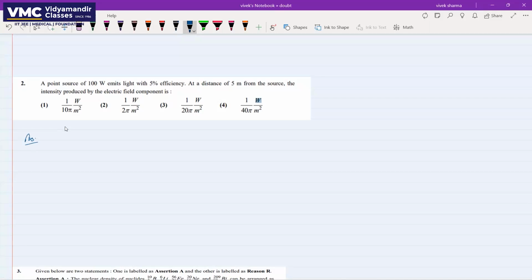So at a distance of 5 meter, if I calculate the intensity I, with efficiency eta and power P, it is eta times P divided by 4 pi r square. Efficiency eta is given as 5%, that means 0.05, power is 100 watt, divided by 4 pi and distance is 5 meter.